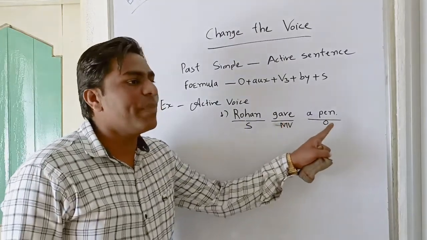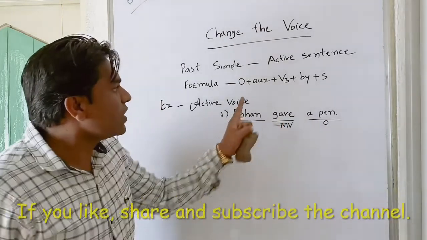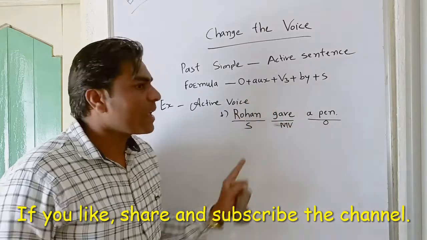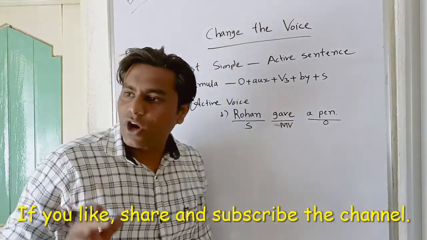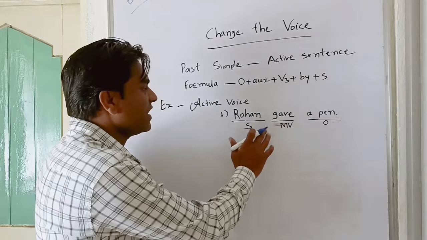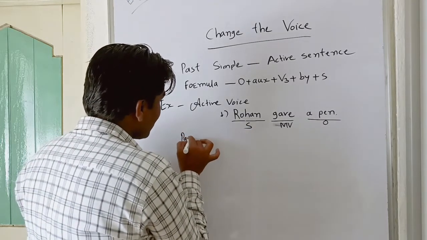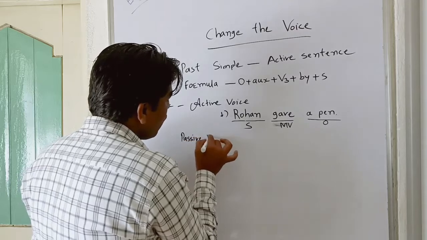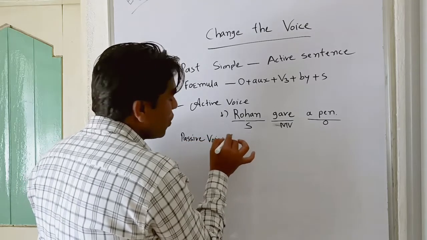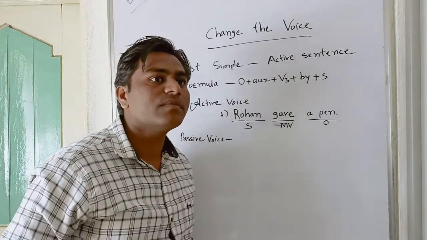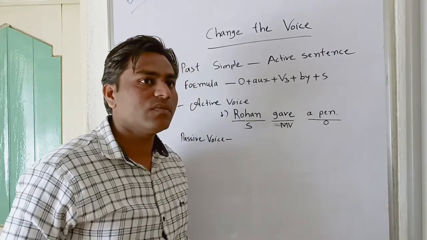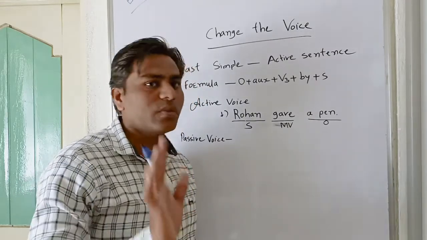Rohan gave a pen. Now you see the formula, and using the formula we can transform this sentence into the passive voice. So I write here passive voice. Okay, no problem.